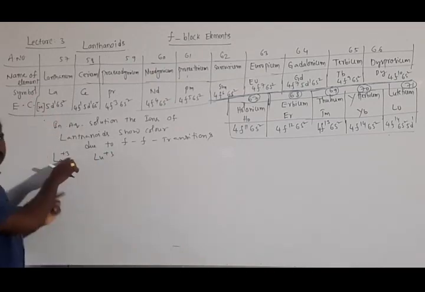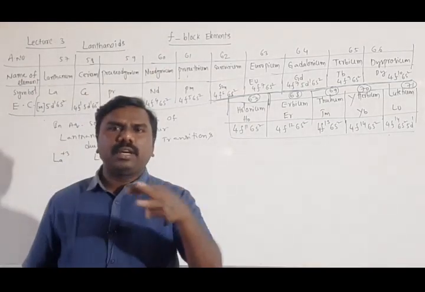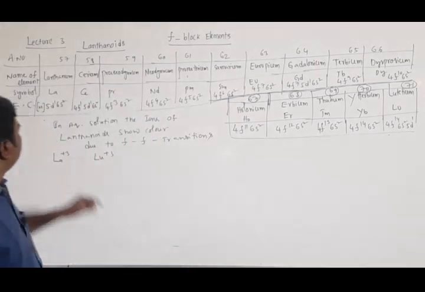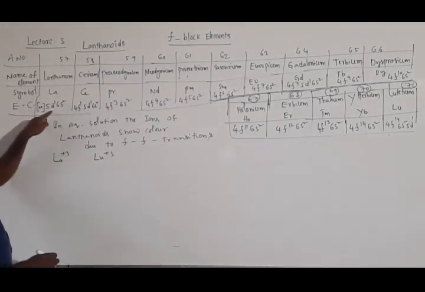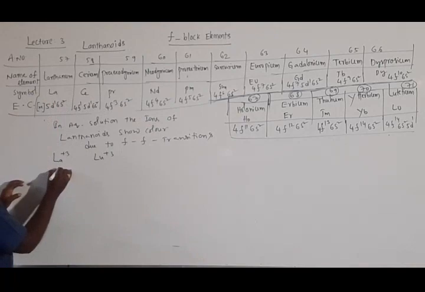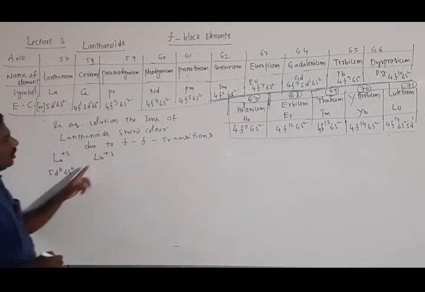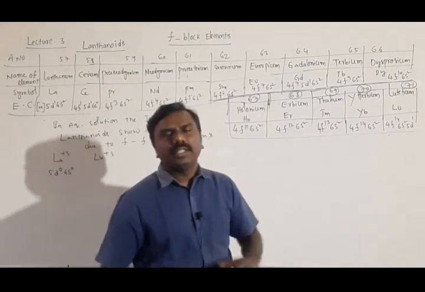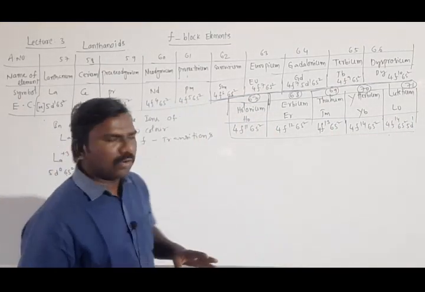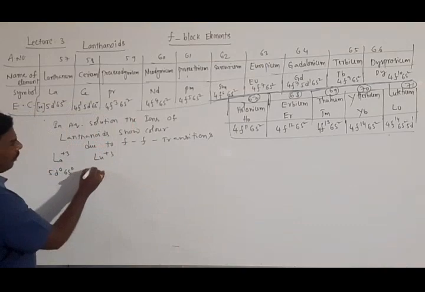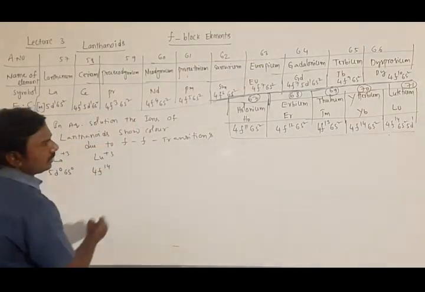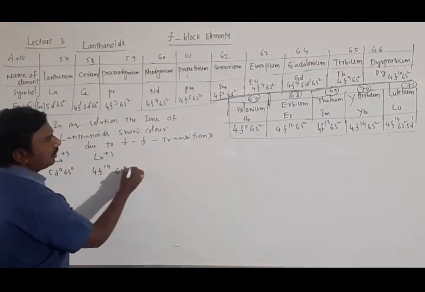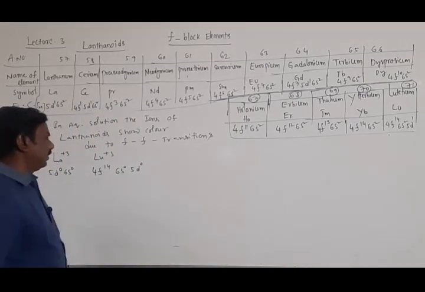If plus 3, it means 3 electrons must be removed. Getting it, all of you? So 6s2 and 5d1, totally 3 removed, 5d0 6s0. Lutetium is 4f14 6s2 5d1. It means 3 electrons removed. So 4f14 as it is, 6s2 becomes 6s0 and 5d1 becomes 5d0.